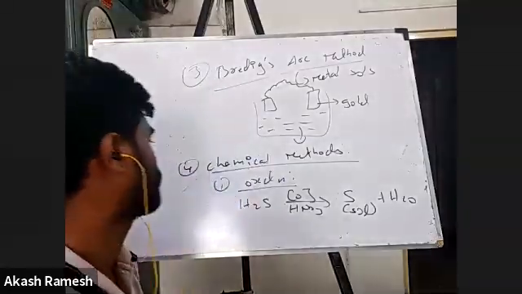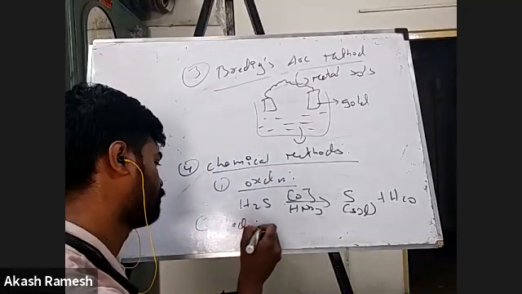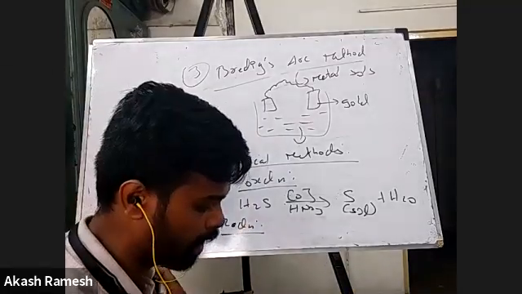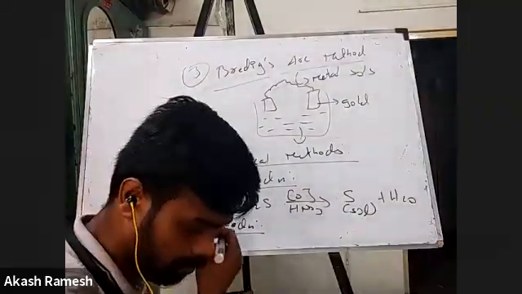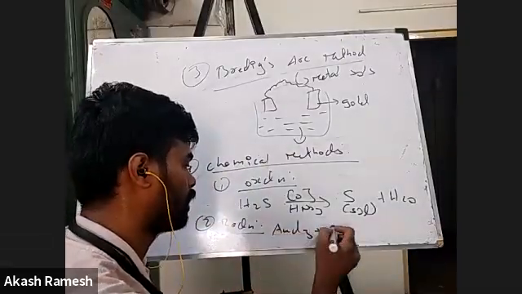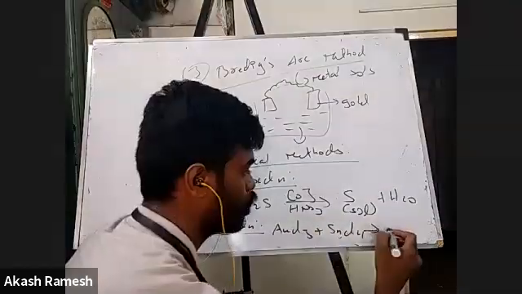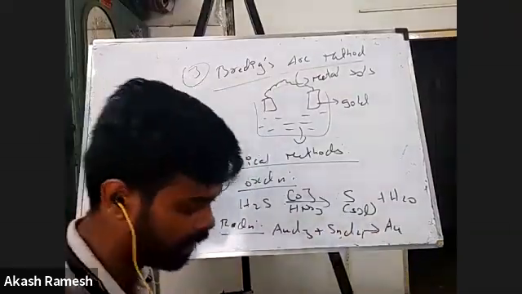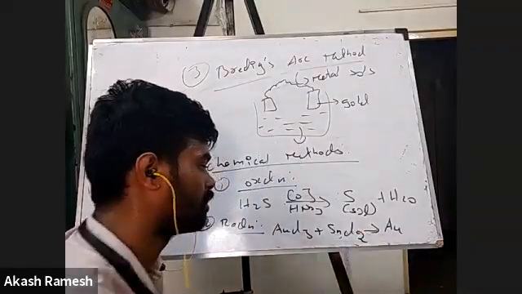And moving on, some can be reduction. I'll write it here only. A reduction example can be, say, AuCl3 plus SnCl2, guys, sorry, SnCl2, will give Au.